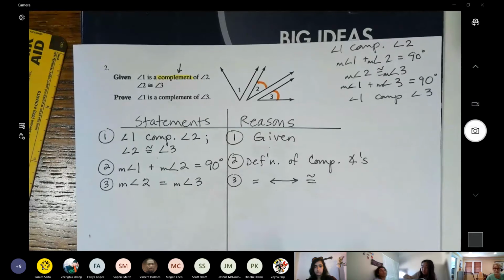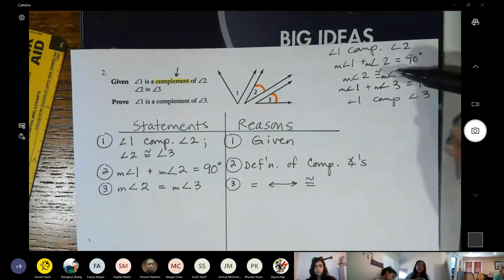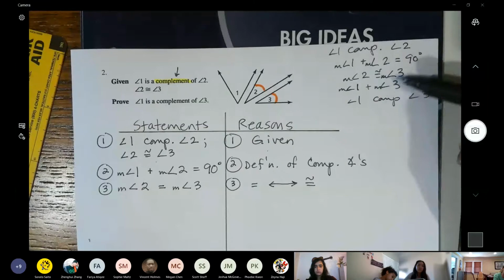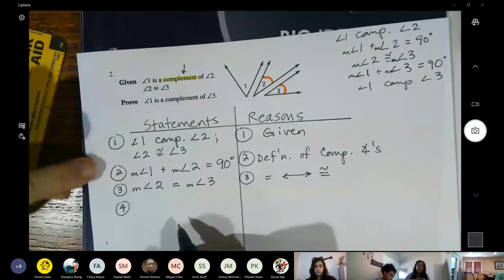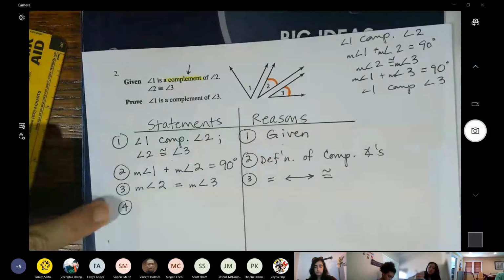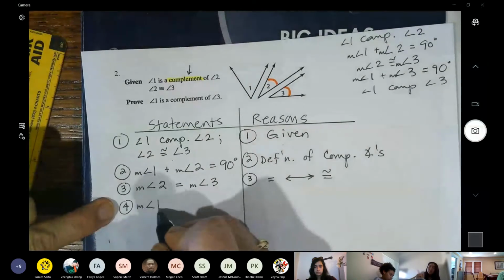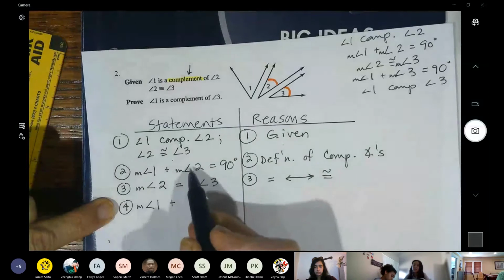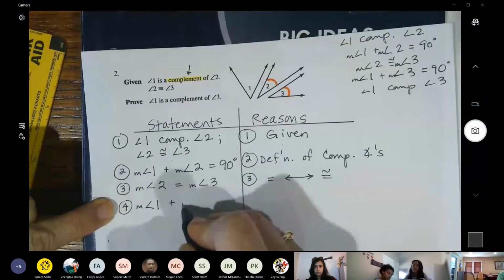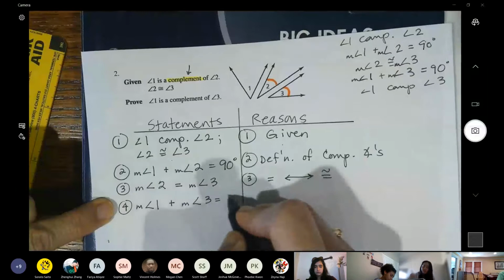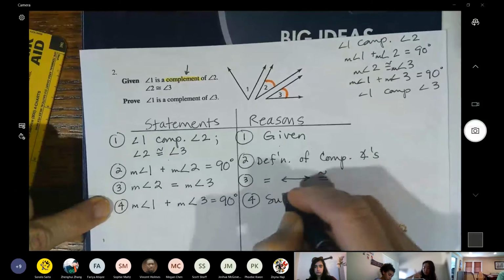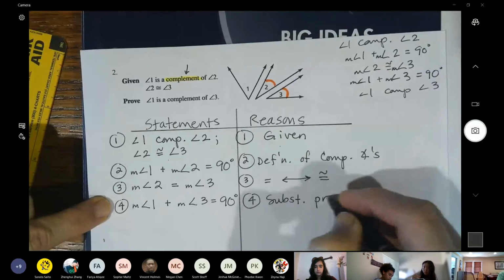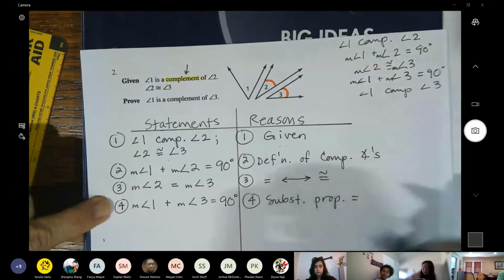That's what that symbol means from last week. And so back to our plan, now that we know the measurements are equal, we can substitute. So we're taking line 2 and we're going to rewrite it, but instead of a 2, now we're rewriting a 3. And that is simple substitution property of equality.